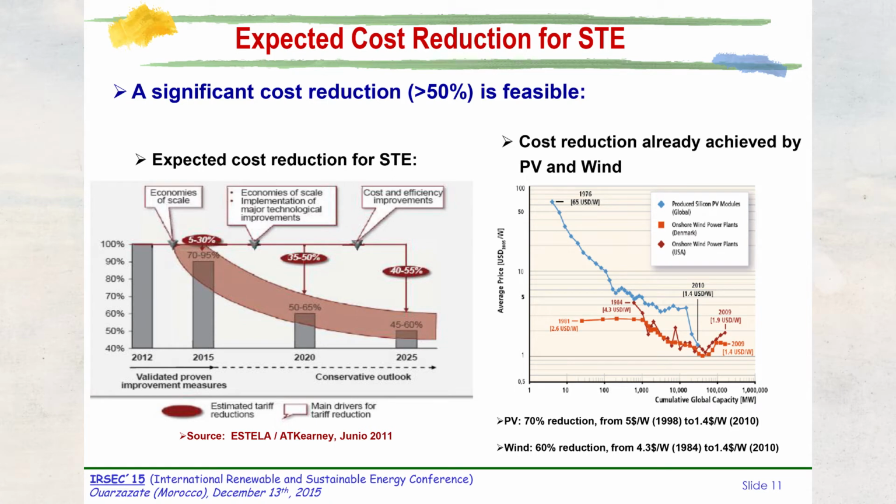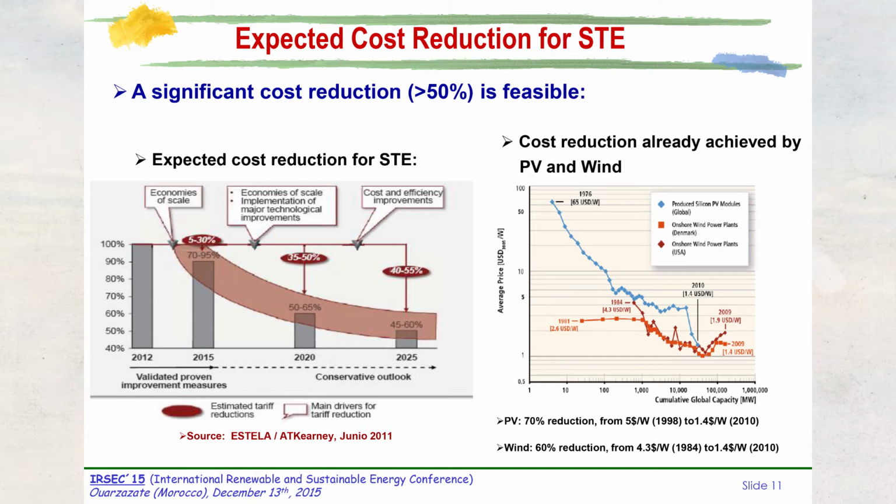Can we achieve a significant cost reduction? The answer is yes. We can achieve a cost reduction higher than 50%. There are several studies. Here you can see the result of the study performed by A.T. Kearney in 2011. They came to the conclusion that a cost reduction higher than 50% can be achieved by 2025.